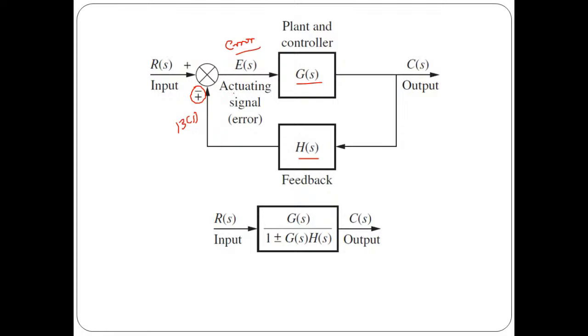So if you apply block diagram reduction technique, we can write them like R of S provided as an input to a block of gain G of S upon 1 plus minus G of S into H of S. Now see, if you take negative feedback, you will get plus. If you take positive feedback, you will get minus. This you have to remember. So I want everyone to please note down these points.